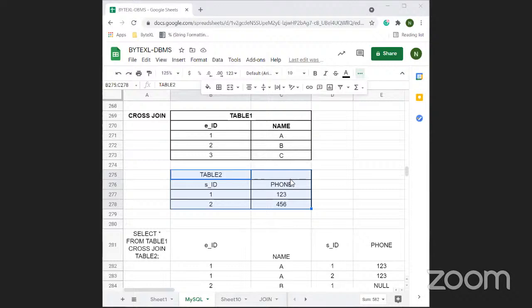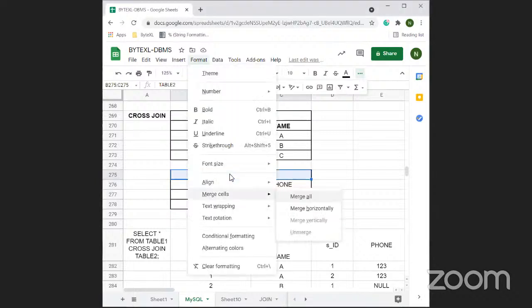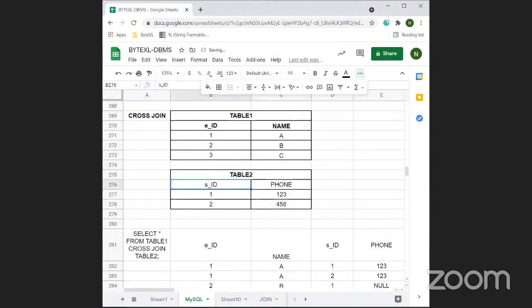What is this cross join? The syntax is same actually. Select column from, we are selecting all values. Again, we can select one column, two columns, the same story again.